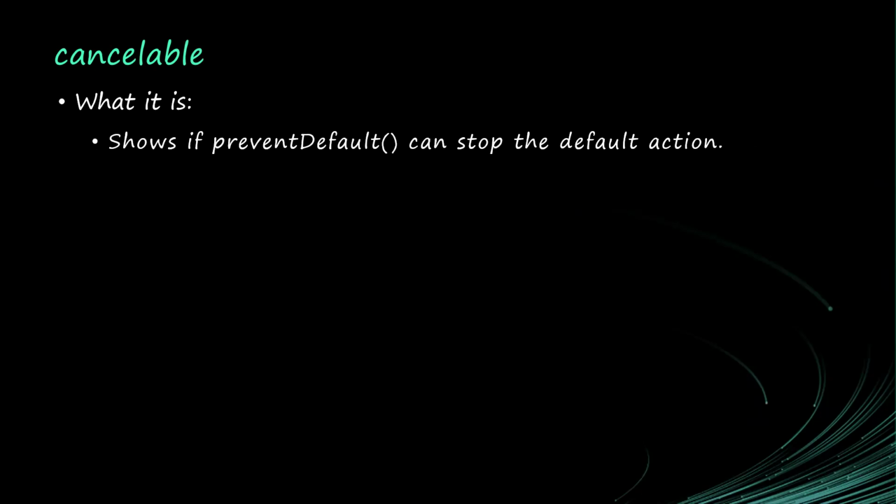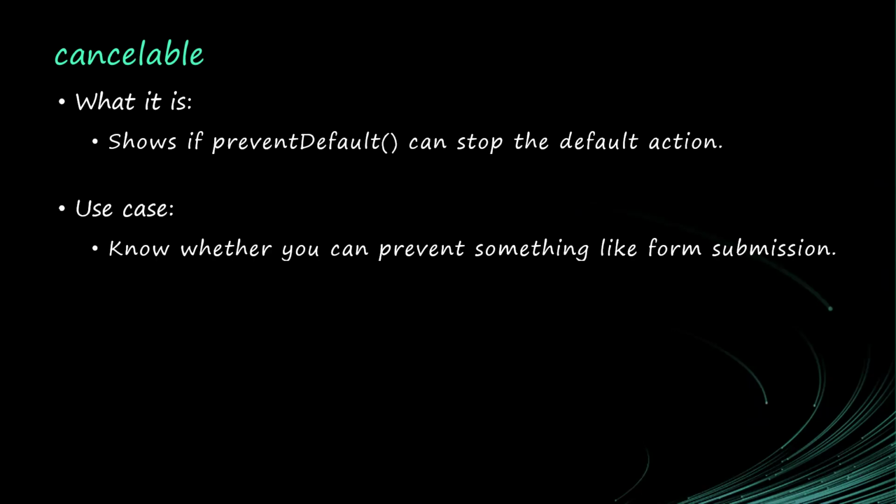The default behavior of a form element is to submit the form, and so many others have default behaviors. So if you call event.preventDefault, the default behavior will be stopped. So when you say cancelable, it shows if preventDefault can stop the default action.